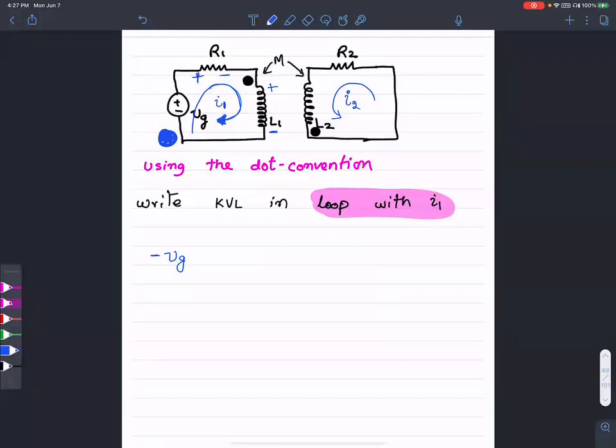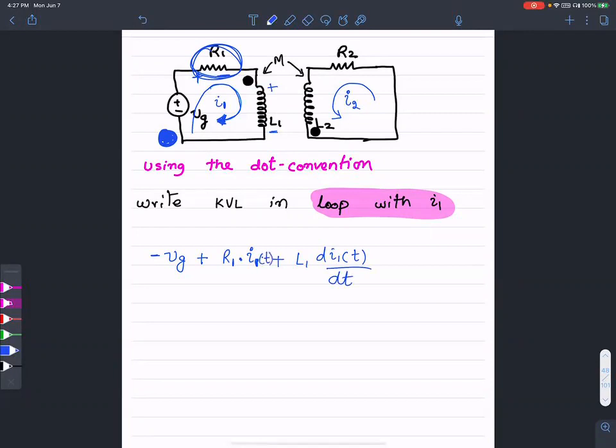Then the next thing I encounter is R1, so the voltage drop across R1 is R1 times I1. Then I encounter this inductor, so the voltage drop in the inductor is L1 dI1(t)/dt.